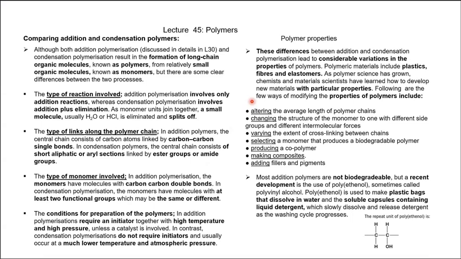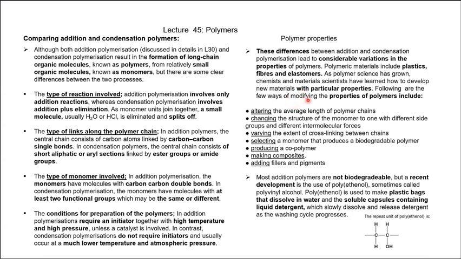Well, we have been talking about polymer properties. This difference between addition and condensation polymers leads to considerable variations in the properties of polymers. Polymeric materials include plastics, fibers, and elastomers. Since polymer science has grown, chemists and material scientists have learned how to develop new materials with particular properties.